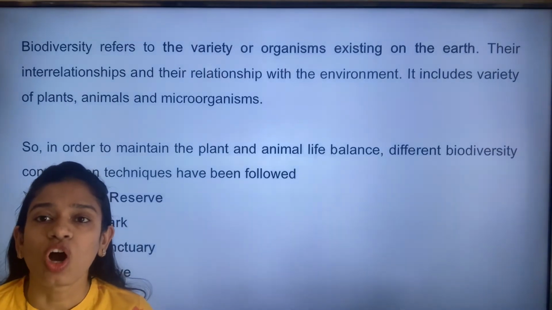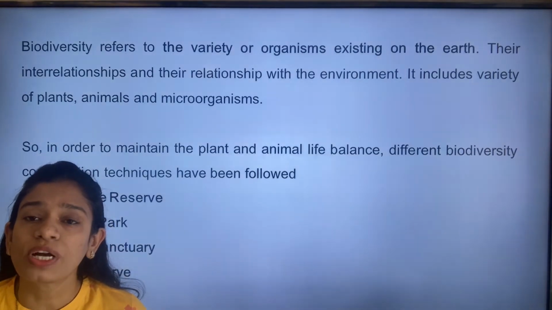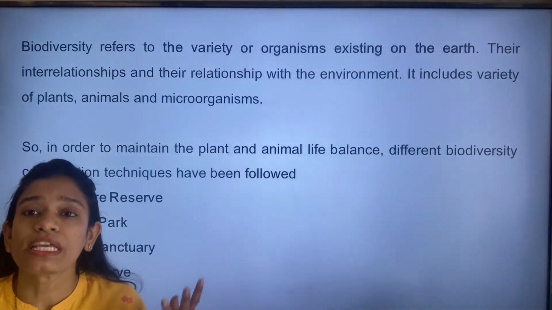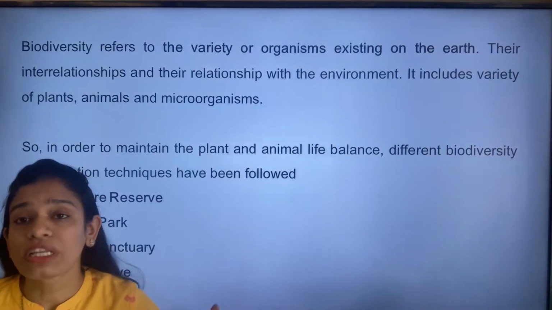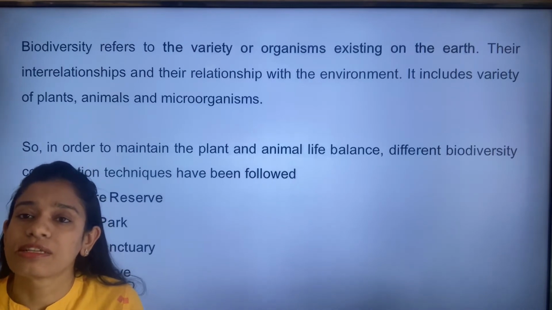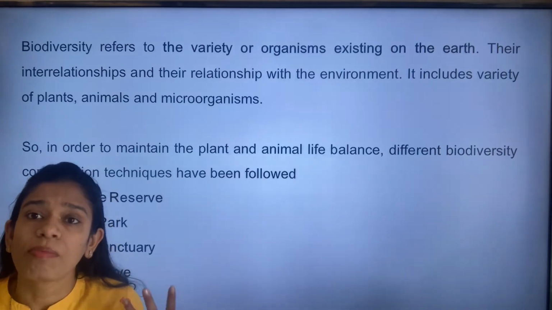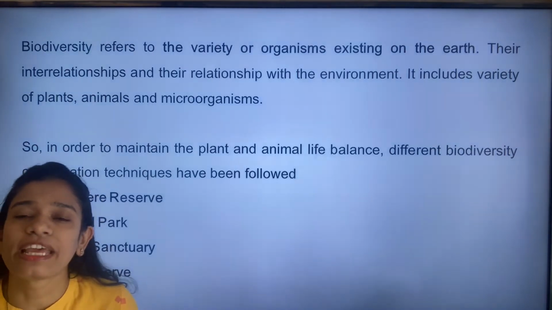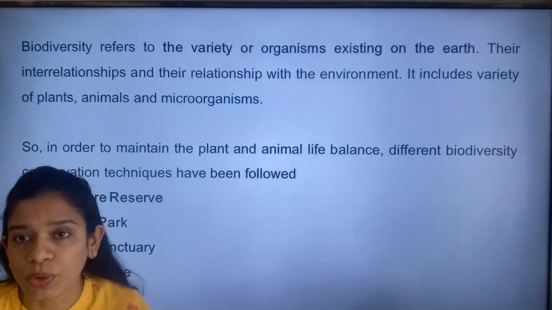So when we talk of the word conservation, we first think what is to be conserved. It is the diversity of the biological organisms that needs to be conserved. So the first thing that we think of is biodiversity.